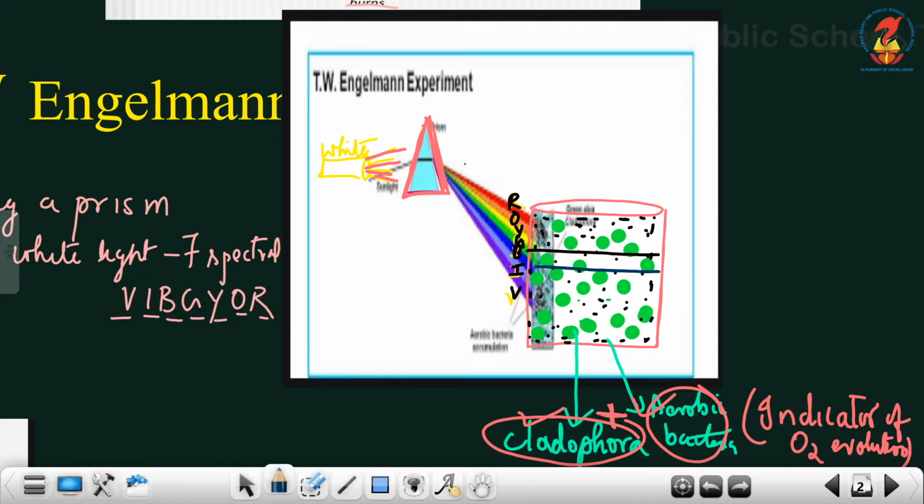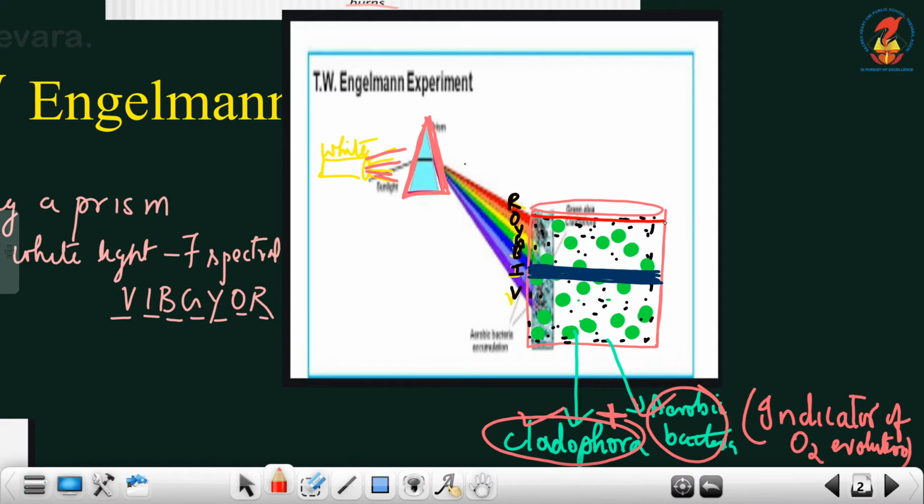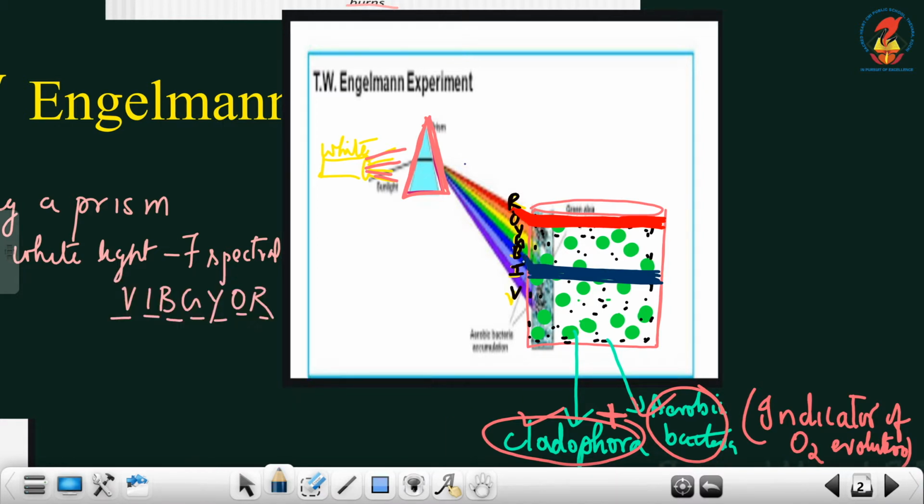See, this is the blue region. See, I have traced it in continuation with the prism. In the blue region as well as in the red region, see, in continuation with that spectrum, see, the blue and red.